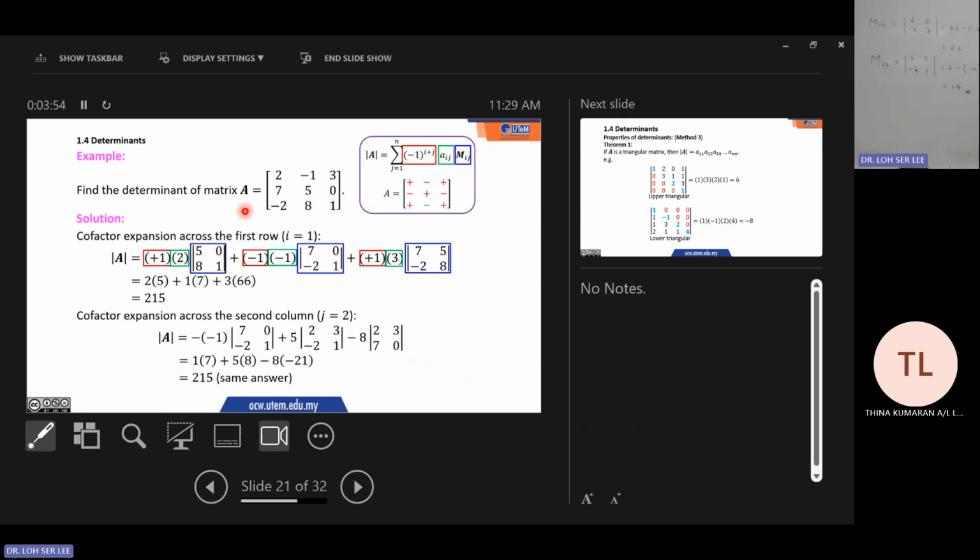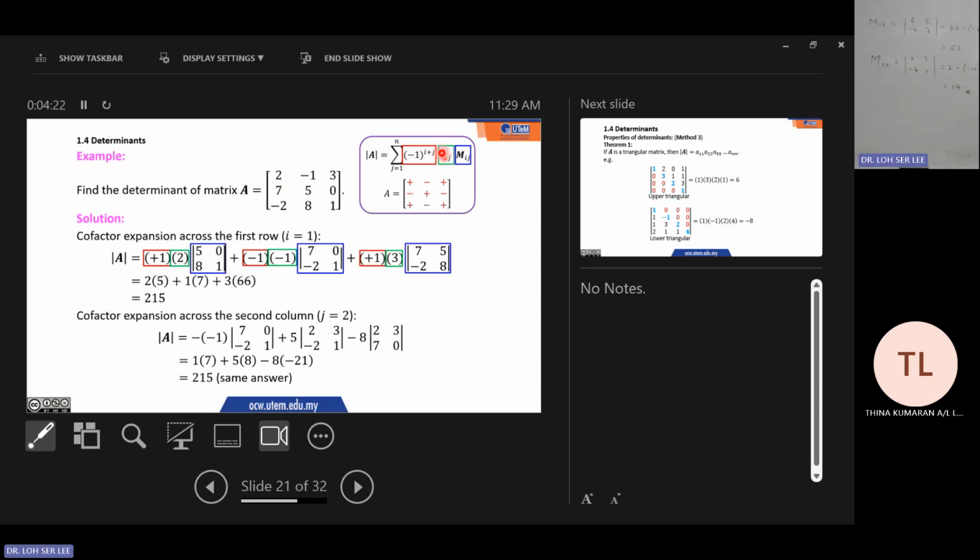Let's say I choose the first row to compute the determinant. The alternating sign for this row is plus, minus, plus. The second component is the entry.